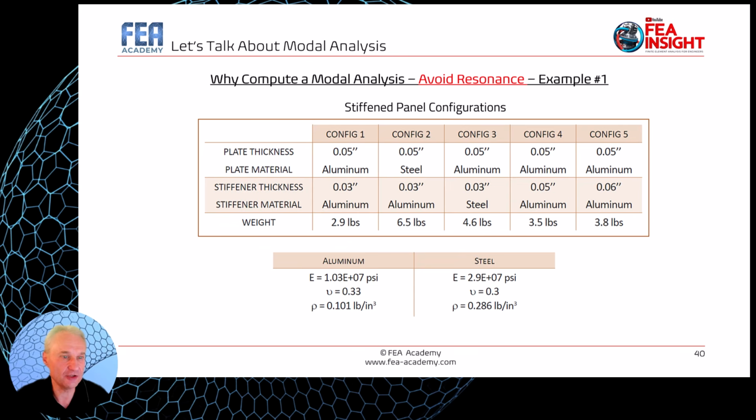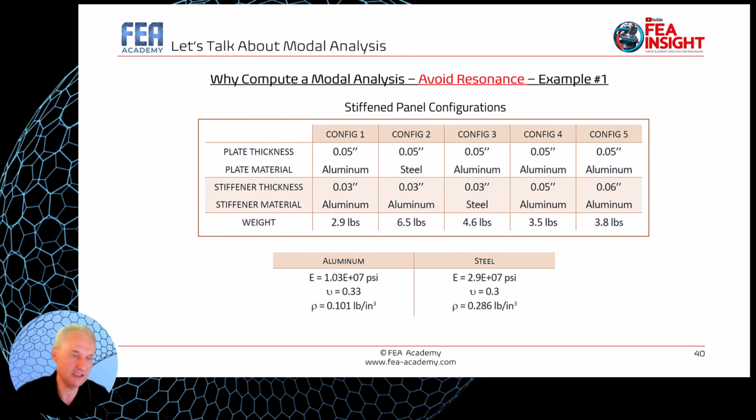So here are the 5 configurations that I'm going to simulate. You see 5 configurations, but I don't build even one. Everything is numerical. I vary the plate thickness, the plate material between aluminum and steel. I vary the stiffener thickness and the stiffener material between aluminum and steel.